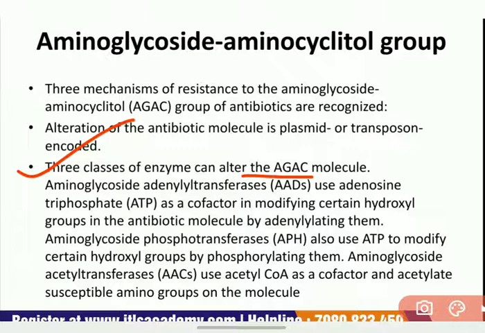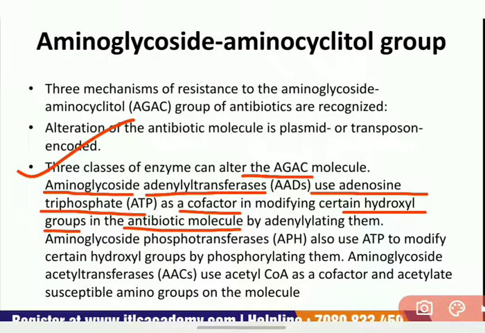That is, aminoglycoside adenylyl transferases, that is AADs, use adenosine triphosphate, that is ATP, as a cofactor in modifying certain hydroxyl groups in the antibiotic molecule by adenylating them. These aminoglycoside aminocyclitols inhibit antibiotics by adenylating them.